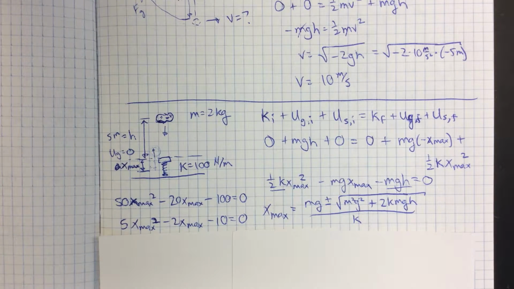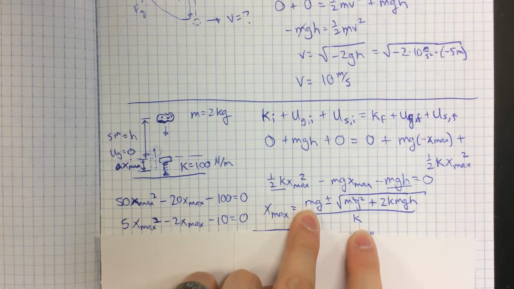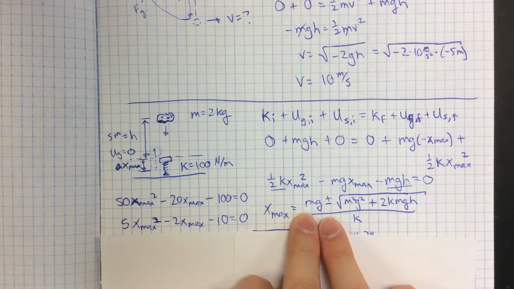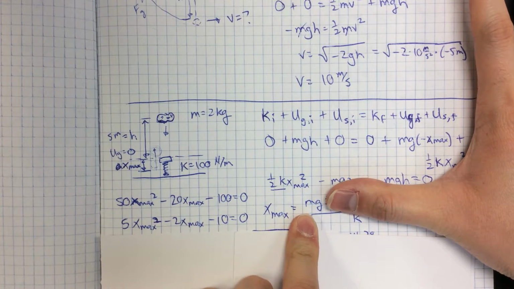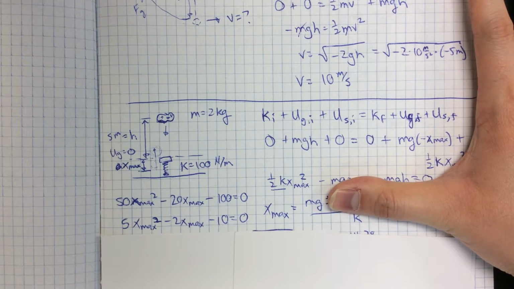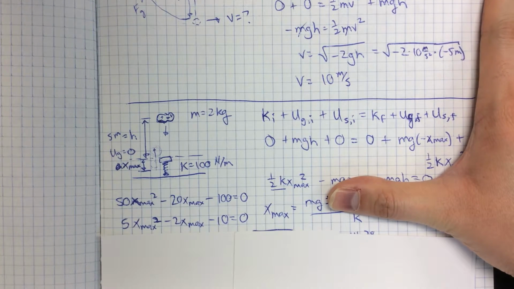All quadratic equations are symmetric, right? It is mg over k plus some value and then minus some value. So in other words, inherently, there is some amount of stretch involved with having the potato on the spring. How much will the potato stretch if I put it on the spring?